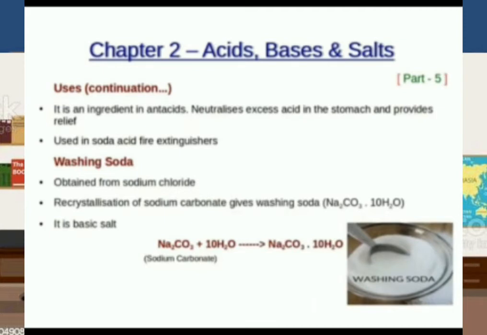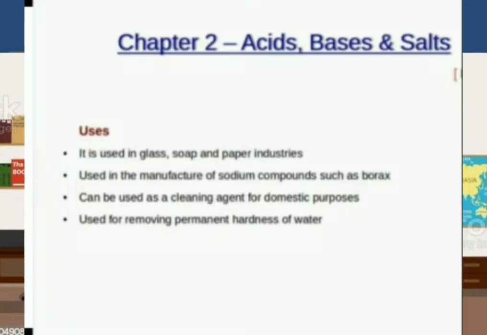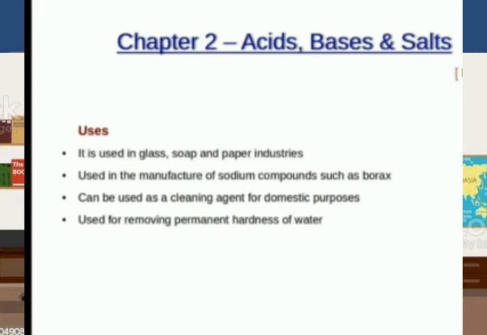And the next one, washing soda. It's obtained from sodium chloride. Recrystallization of sodium carbonate gives washing soda, and it's a basic salt. Its uses: it is used in the glass, soap, and paper industries, and in the manufacture of sodium compounds such as borax.